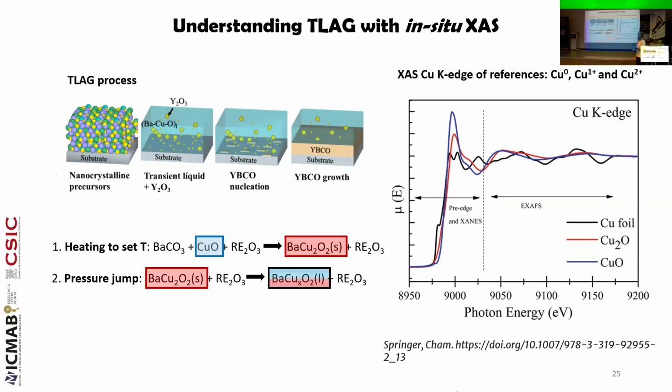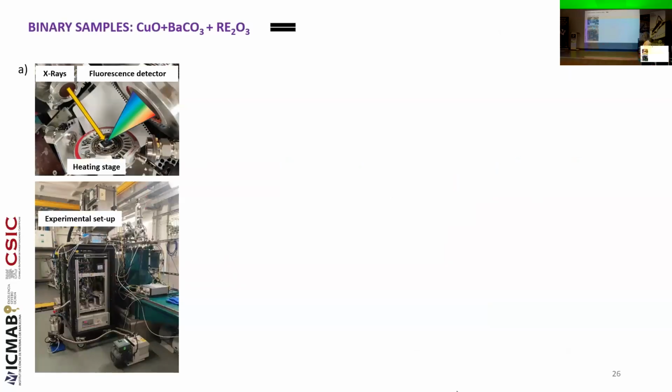And here, at the beginning, we were not sure what we were expecting to see, because we didn't know if the transient liquid would incorporate oxygen or not. And therefore, if when we grow the REBCO phase, the transient liquid would have all the necessary oxygen to form directly the REBCO phase, or there would have to be some oxygen diffusion outside of the liquid to form the REBCO.